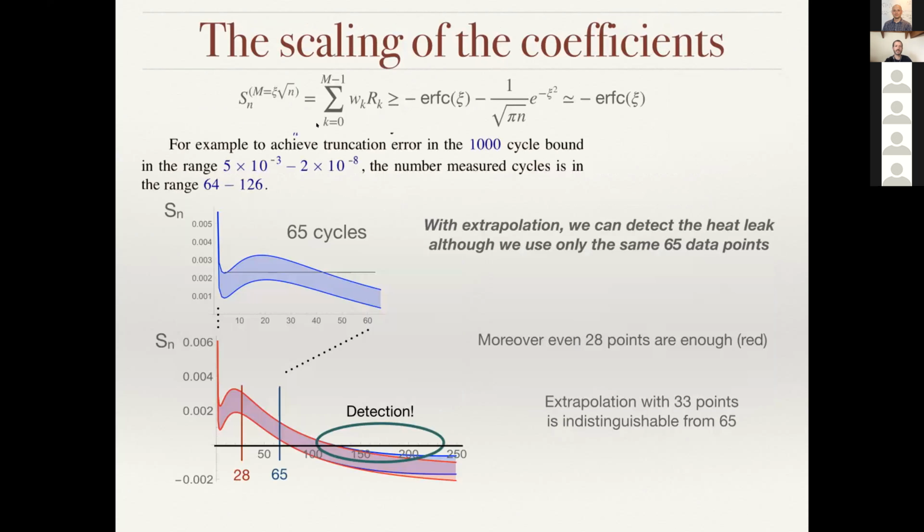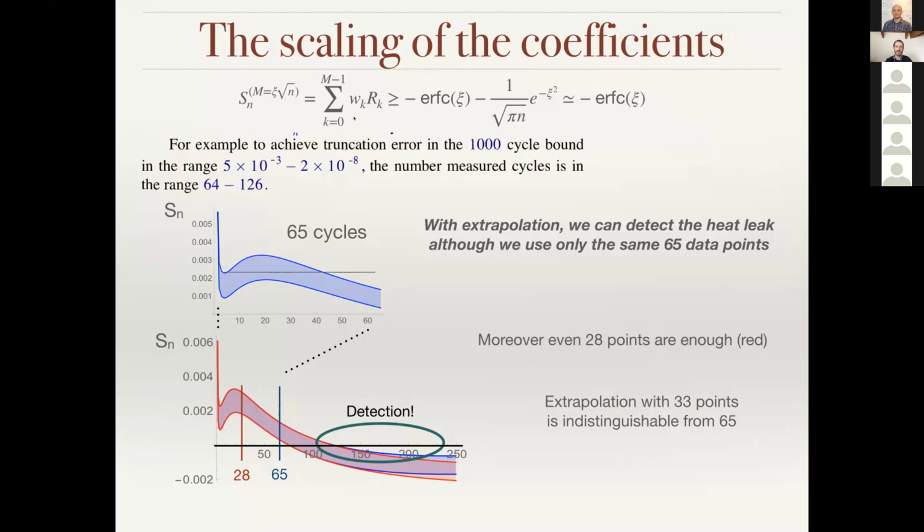If we look at this series, and we have more than just a few cycles, it turns out that these coefficients WK decay Gaussianly. So the tail of the sum typically doesn't contribute at all to the sum, and therefore we can clip it roughly after square root of n data points.